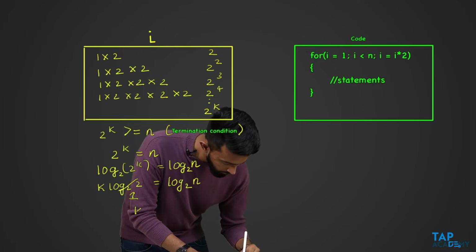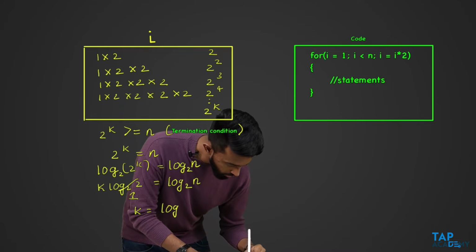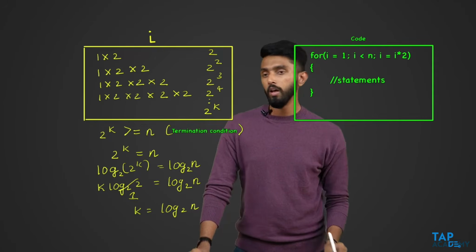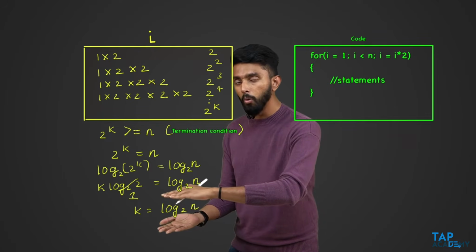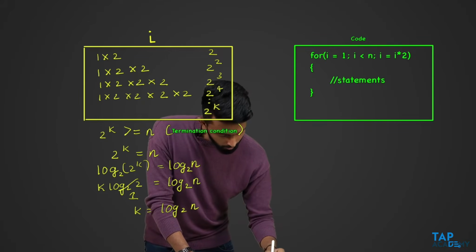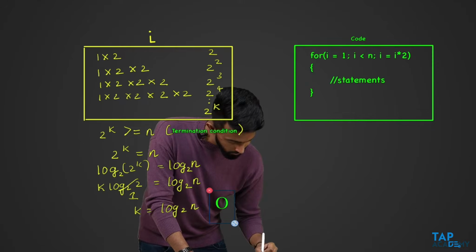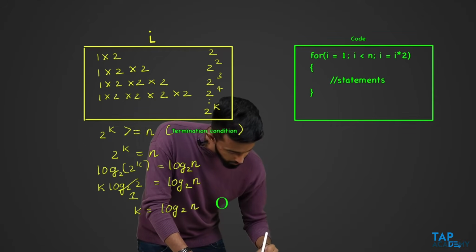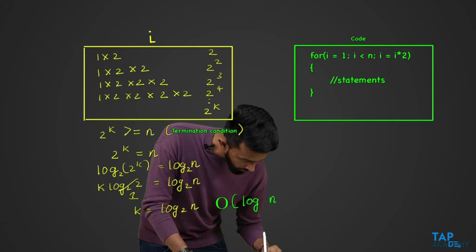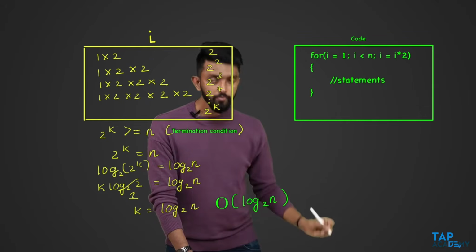If this is 1, I will get k equal to log n to the base 2. Hope you are able to think. Which means maximum, how many times will it execute? These many times. And hence, would you agree, one way for me to tell this is nothing but big O of log n to the base 2.